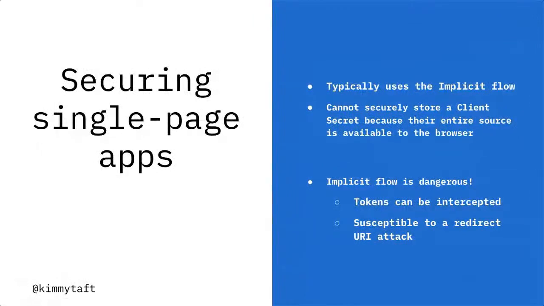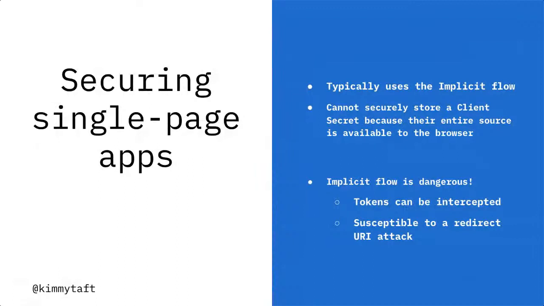A key part of that authorization code flow is the assumption that your application can securely store your client's secrets. Public clients or single-page applications are unable to securely store these secrets because the application is run entirely in the browser. So a new flow is needed for this use case, and this is where the implicit flow comes in and why that was created.